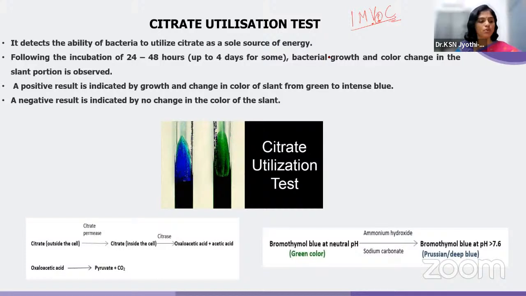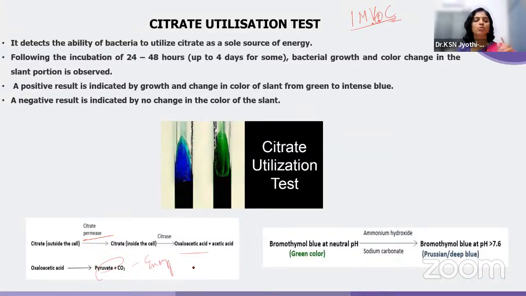So what are you trying to do? You allow the bacteria to grow only in a medium which is containing that citrate. Those bacteria which have a citrate permease enzyme will be able to accept the citrate from the outside, allow it to enter into the inside, convert it into oxaloacetate, produce pyruvate and provide energy to the cells.